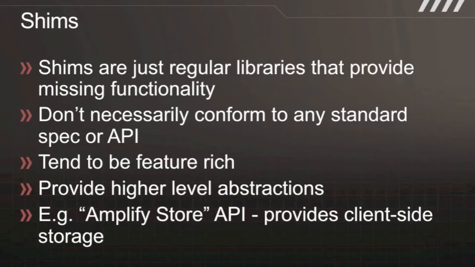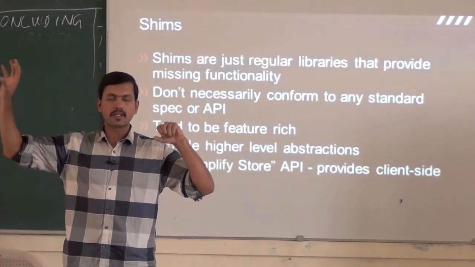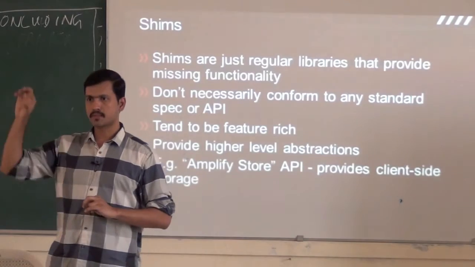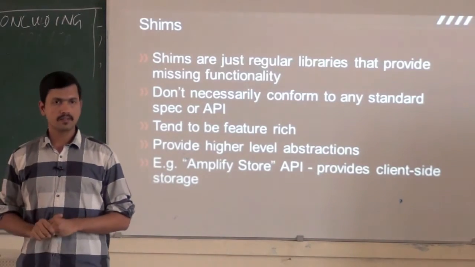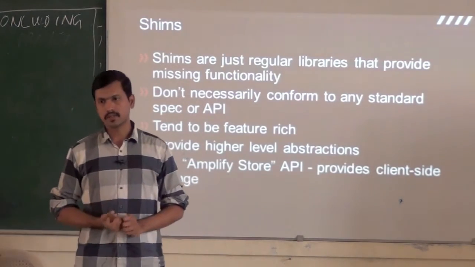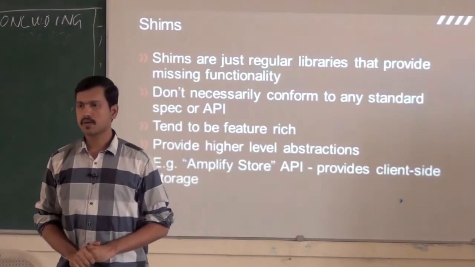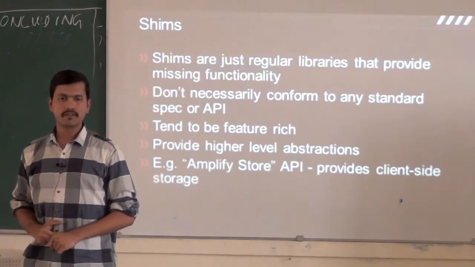Shims are similar to polyfills. Typically, a polyfill will implement a W3C spec. So if there is a specification for WebSockets, there might be a polyfill which implements that API completely in your library, so you get to write code to that spec and not worry about whether the browser supports that particular feature or not.